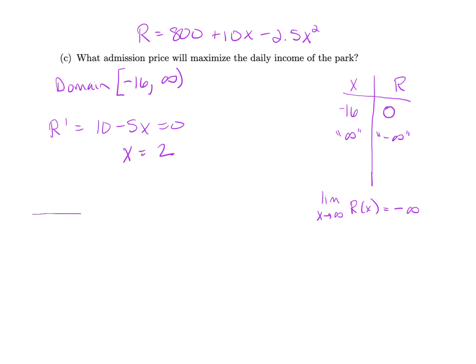I should draw a little number line and confirm that x equals 2 is a maximum. If I plug anything smaller than 2 into my derivative function, I get a positive number. And if I plug anything bigger than 2 into the derivative function, I get a negative number, which means r goes from increasing to decreasing, which means 2 is in fact a max. So 2 price increases of 25 cents.